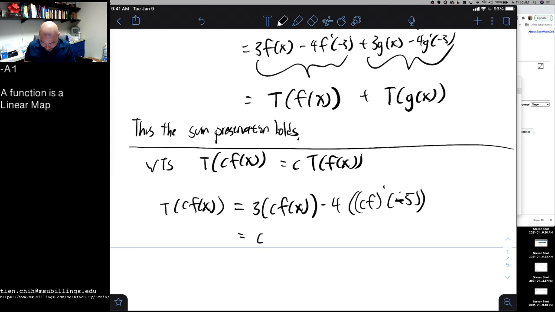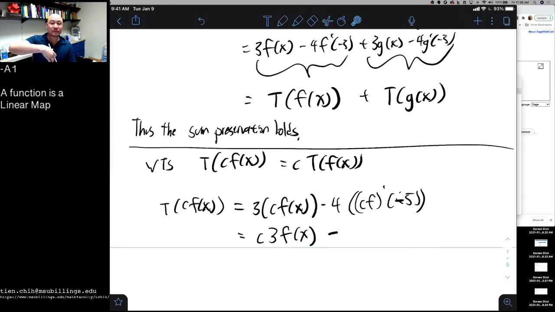Not much shocking happens in the first term. I'm just going to rearrange the c into the 3. It doesn't really make a difference. Now what happens in the second term? From an introductory calculus class, we know that the derivative of a constant times a function is the same thing as that constant times the derivative of the function.